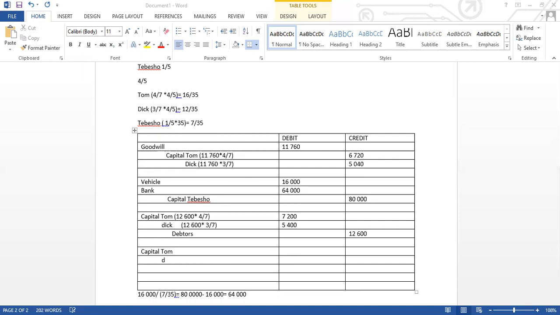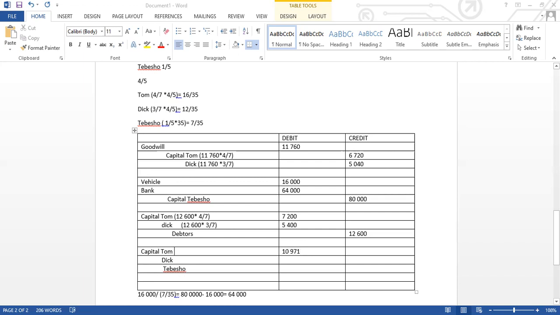And then we have Dick, and then we have Tebesho. How much? 10,971. Which profit sharing ratios are we using?